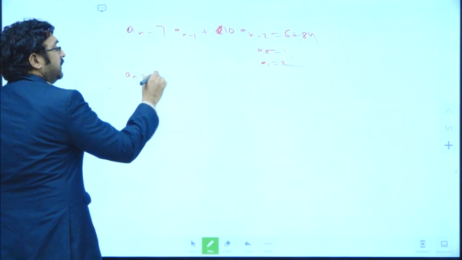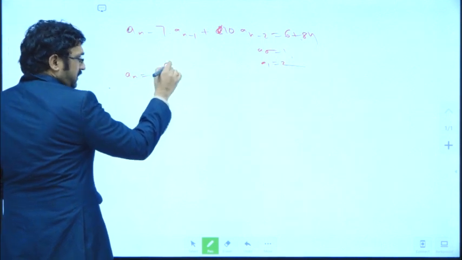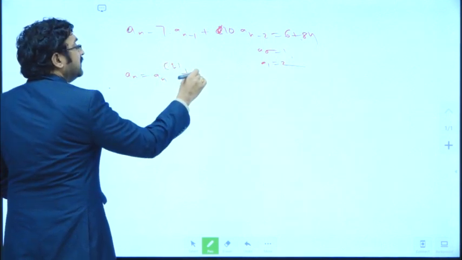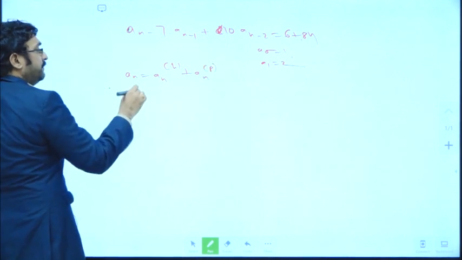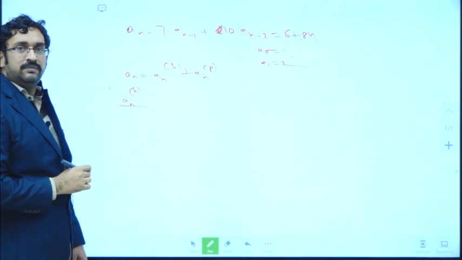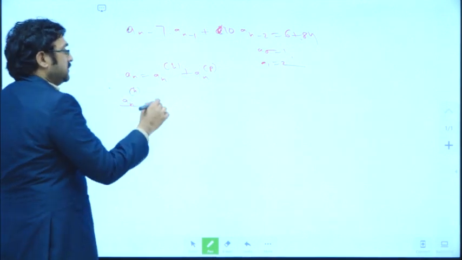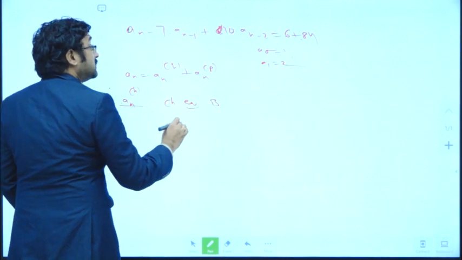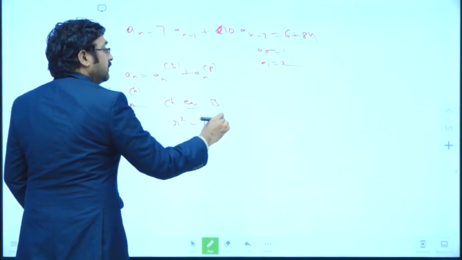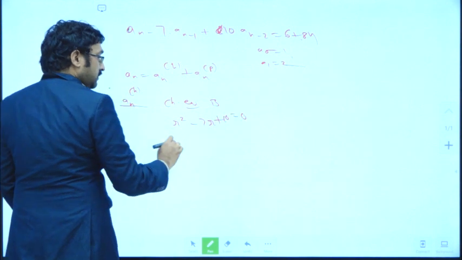So the solution will be a n equals a n power h plus a n power p. First we have to compute a n power h, that is, the homogeneous solution. The characteristic equation is r square minus 7r plus 10 equal to 0.